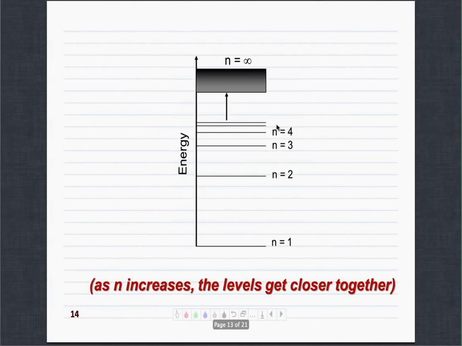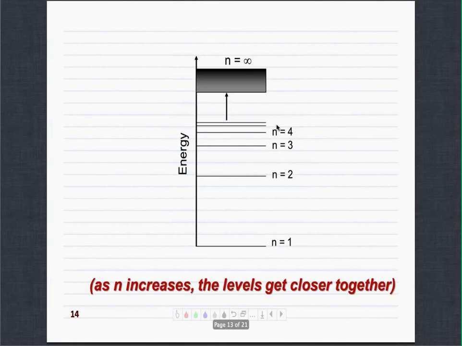Okay? Now, n equals infinity: when the electron transits from a lower energy level to n equals infinity, that implies the electron is no more under the attraction force of the nucleus. In other words, this atom lost the electron.